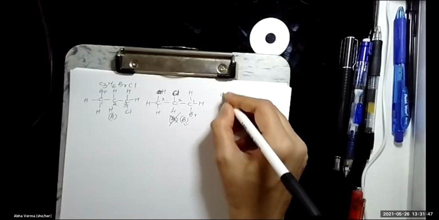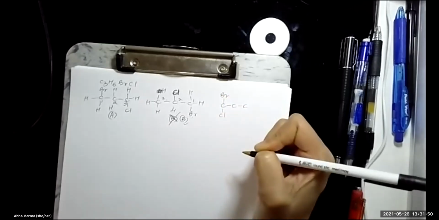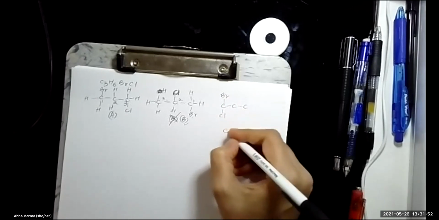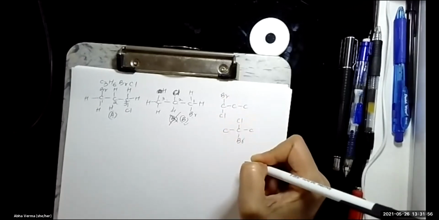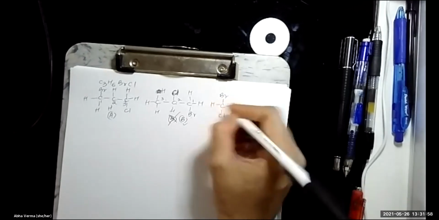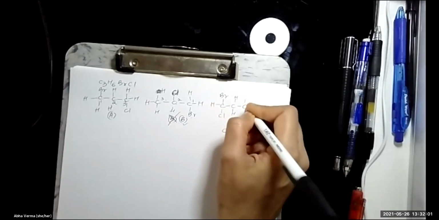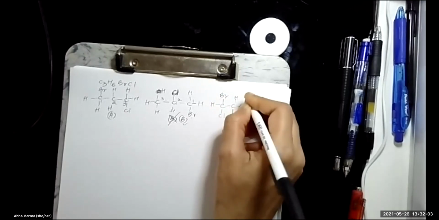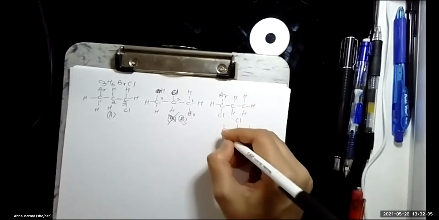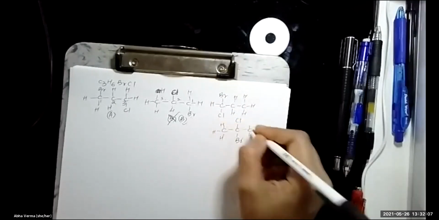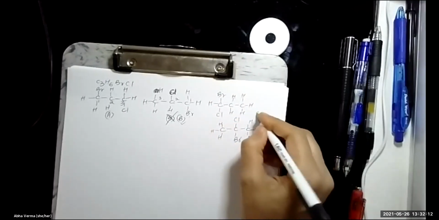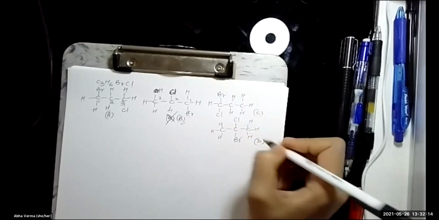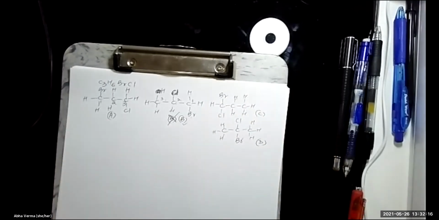And now I'm going to put my bromine and Cl on the same carbon. Okay, and then we fill in our hydrogens. So A, B, C, D, all of them are constitutional isomers.